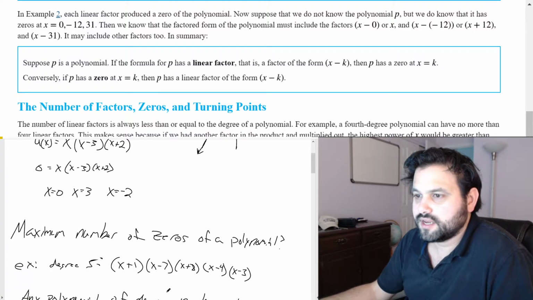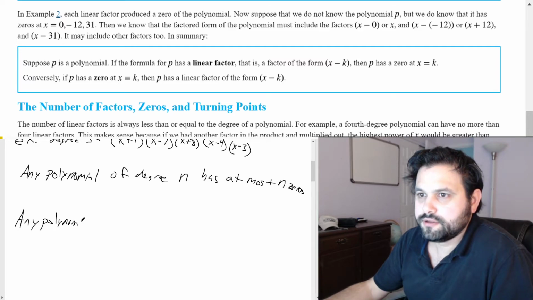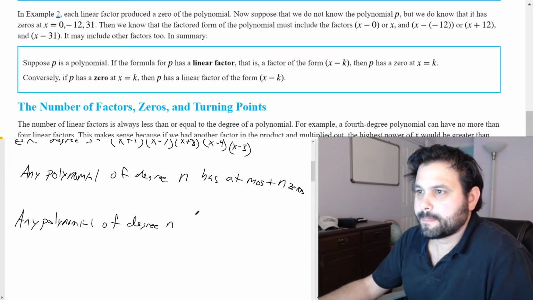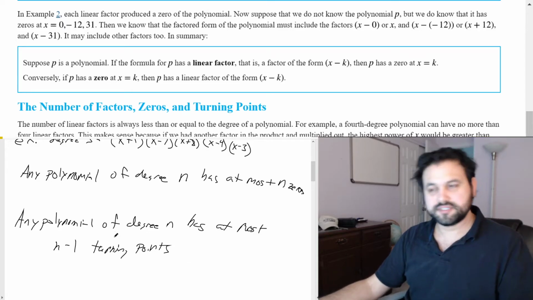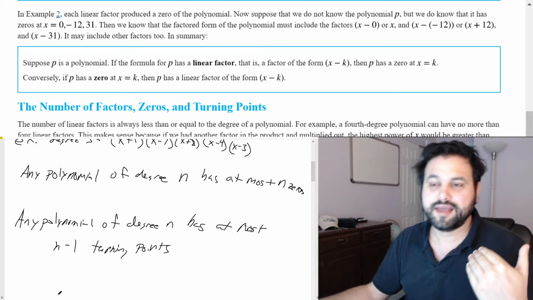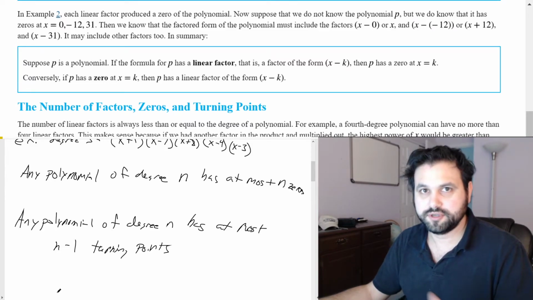And so the idea here is that any polynomial of degree n has at most n minus 1 turning points. So, for example, a degree 8 polynomial would have at most 7 turning points. Okay?